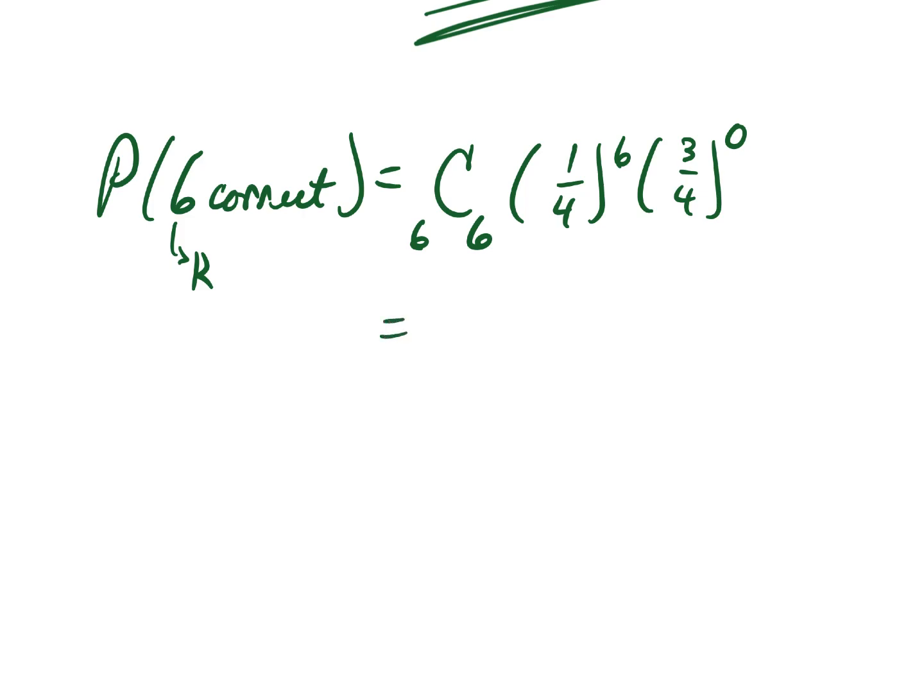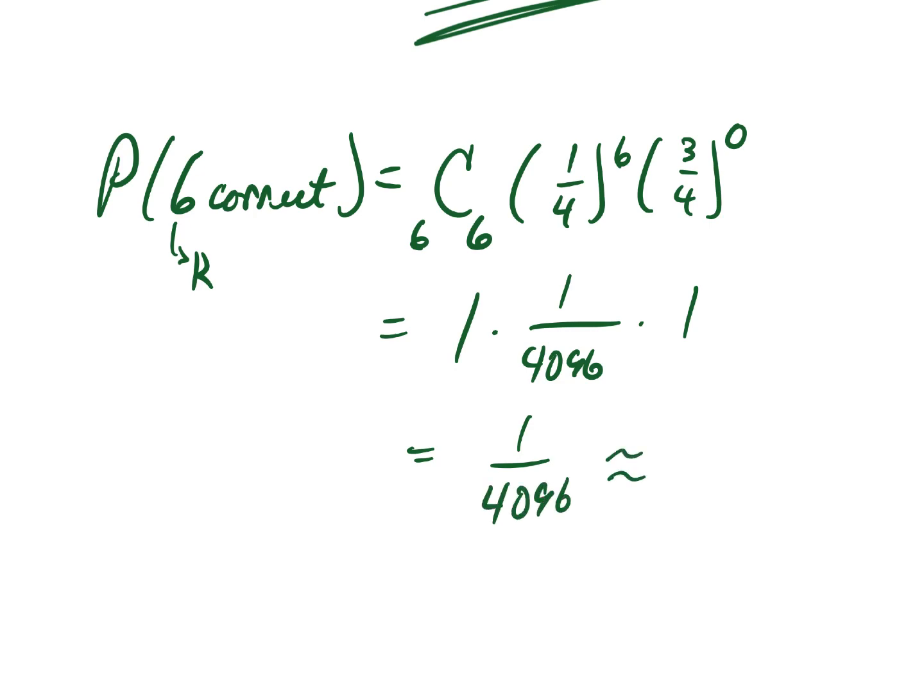And so what we'll end up with is 6C6, which is a 1, 1/4 to the 6th, which is 1 over 4,096, and 3/4 raised to the 0 power. Remember, anything to the 0 power is 1. So when we multiply 1 times 1 times 1, we get 1 over 4,096.